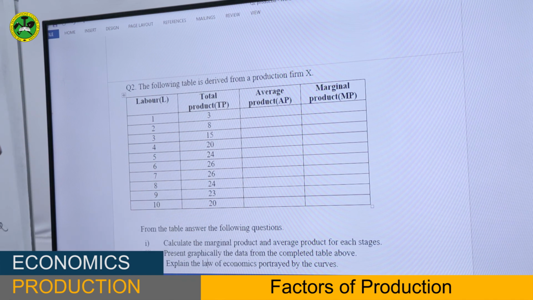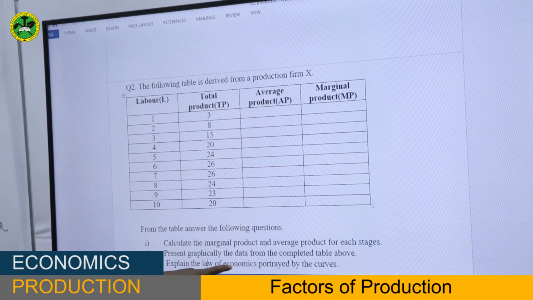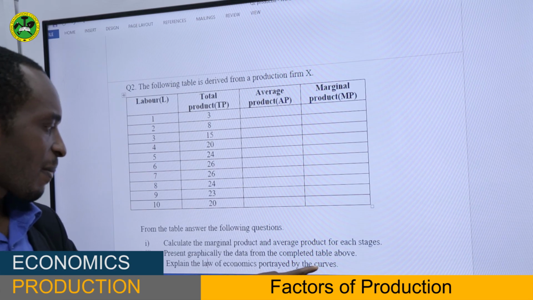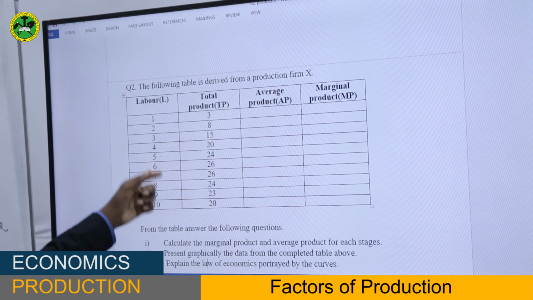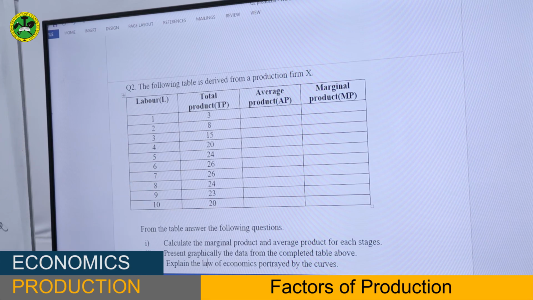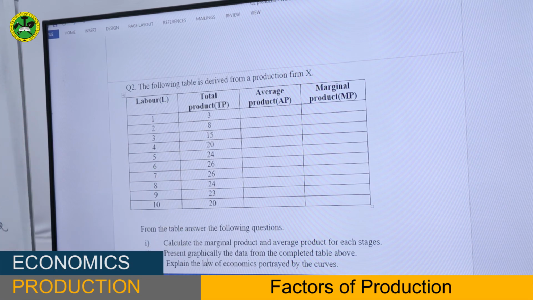Then now, number 3, you are asked to explain the law of economics portrayed by the curves. So after drawing the curves, you can state which law is portrayed by those graphs.